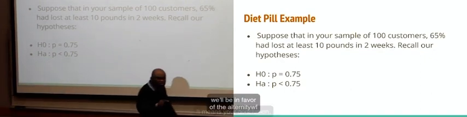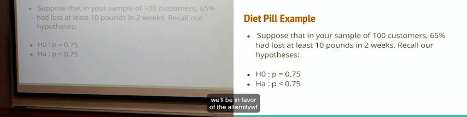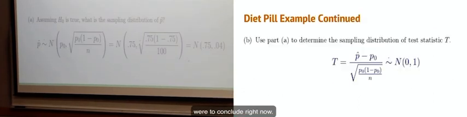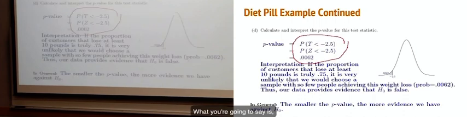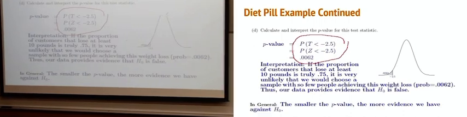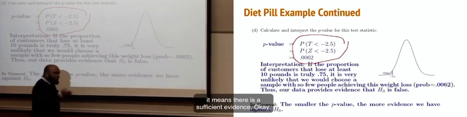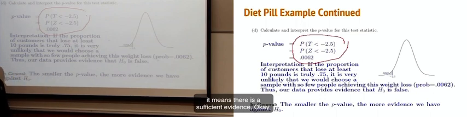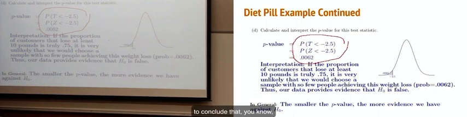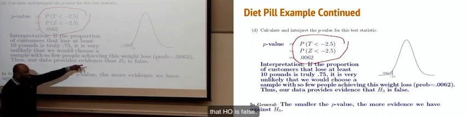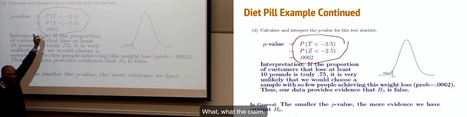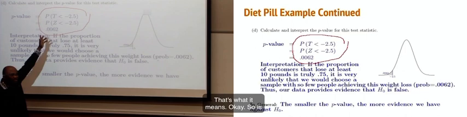If you want to conclude right now, what you're going to say is that there is sufficient evidence to conclude that H0 is false. The claim is incorrect. That's what it means.